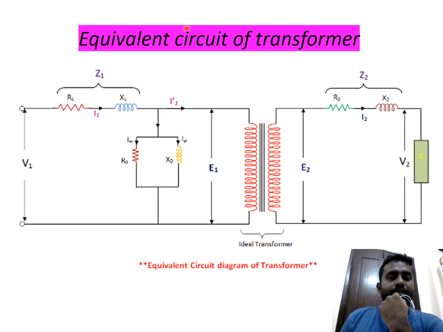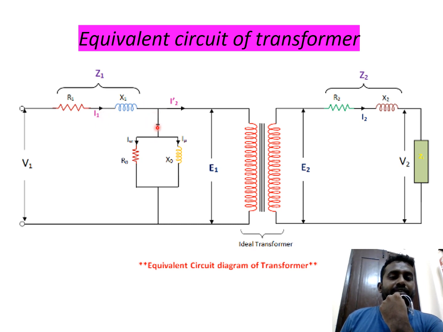So this is the equivalent circuit of the transformer. You just need to remember this first. This is the primary winding, this is the secondary winding, and we'll consider this as an ideal transformer, and this is the core. E1 is the EMF induced in the primary winding, E2 is the EMF induced in the secondary winding, R2 and X2 are the resistance and reactance of the secondary winding, and R1 and X1 are the resistance and reactance of the primary winding.